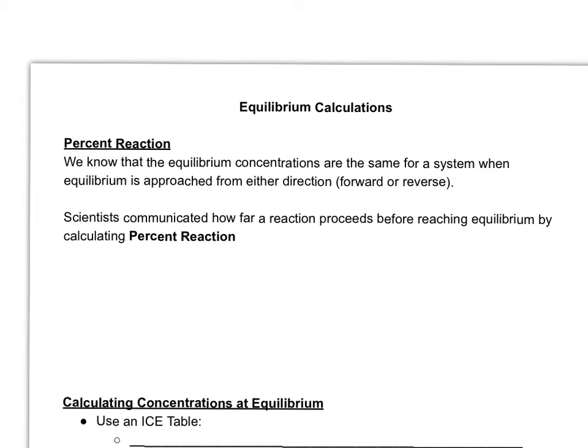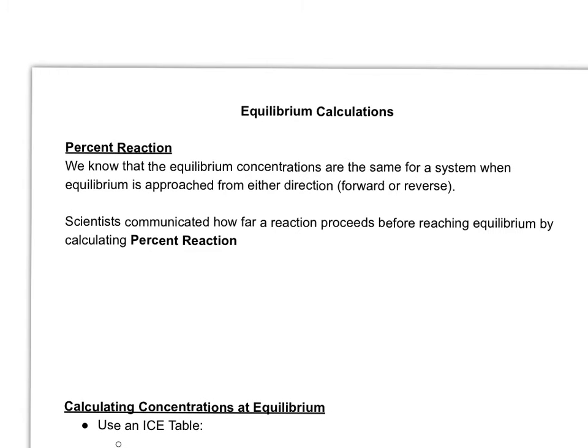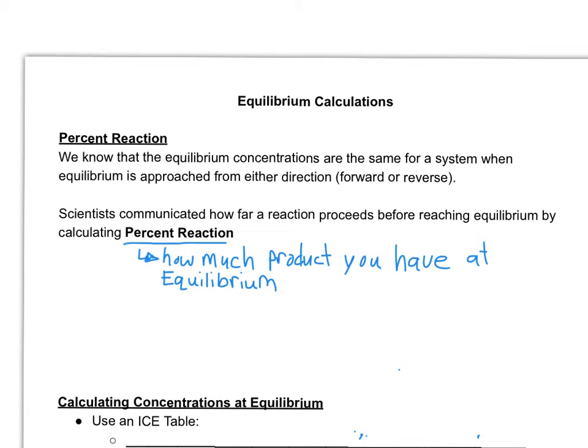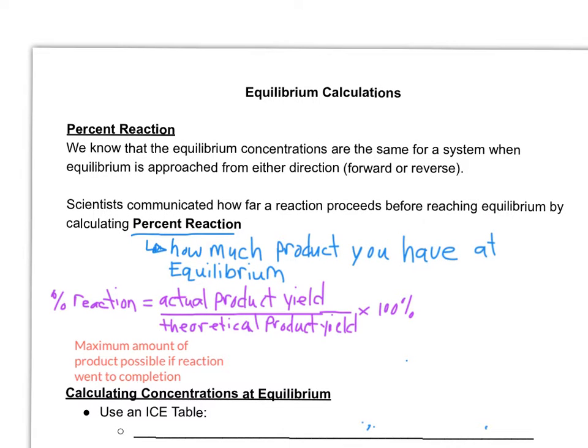So in order to communicate how far a reaction proceeds before it reaches equilibrium, we calculate something called percent reaction. The percent reaction is really how much product we have at equilibrium, and we calculate it like we calculate a percent of anything: actual product yield divided by theoretical product yield times 100%.